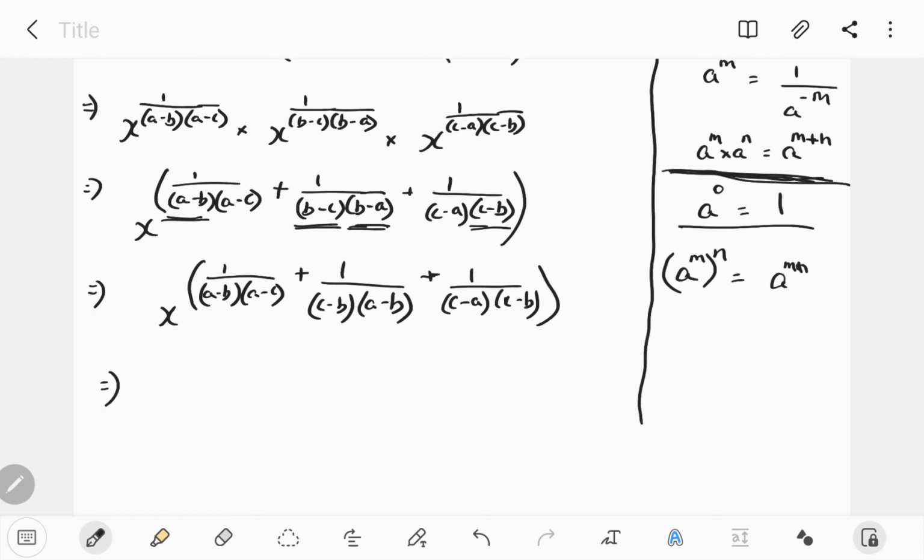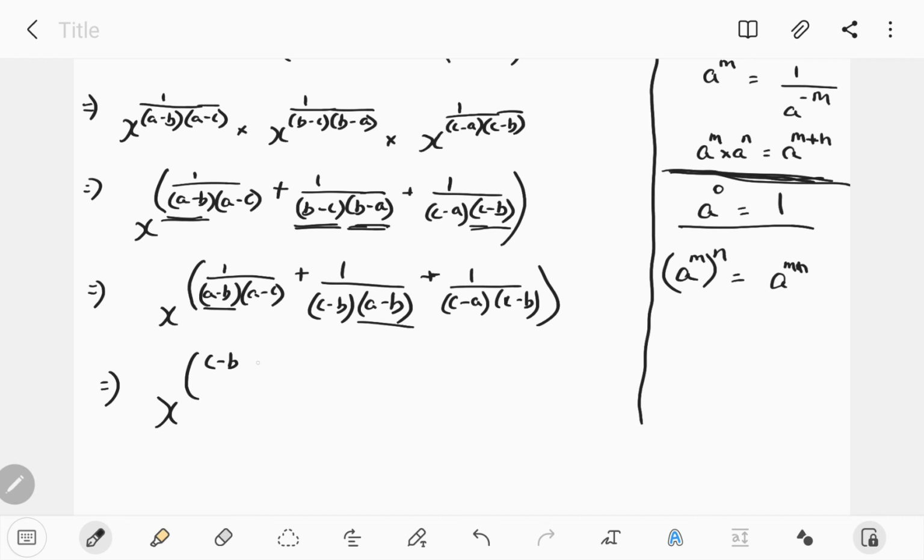Now I just have to take the common denominator, x raised to the power of, okay, here I have a minus b common between these two terms. What I don't have here for the first term is c minus b. So my first term I'll have to multiply with c minus b. 1 into c minus b is c minus b.